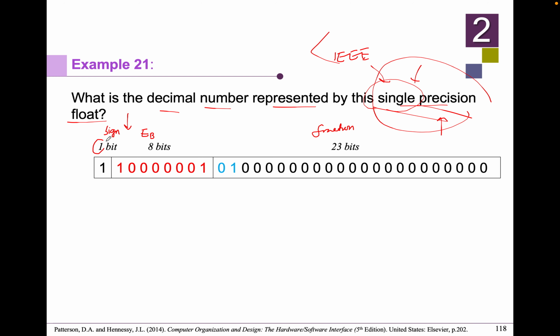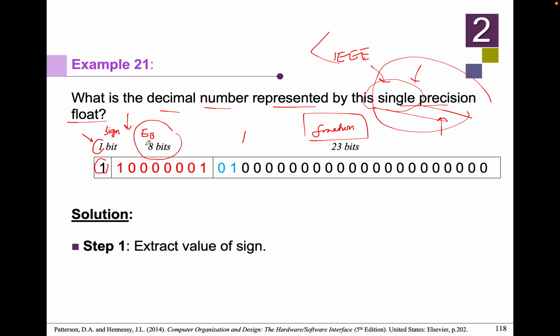Here we know our sign is 1, so our number will be negative. And our fraction here is 0, 1, meaning it is 1 for your fraction. Let's see how you get your EB through the reverse engineering equations, steps and methods.